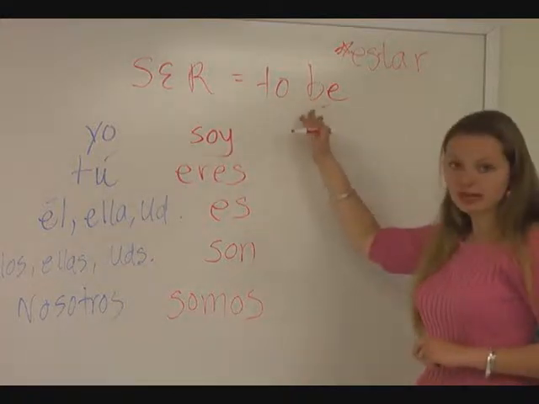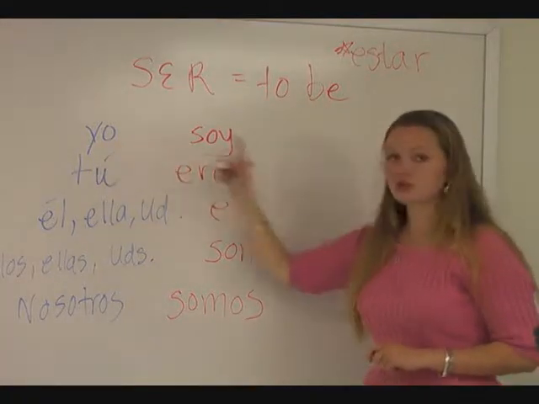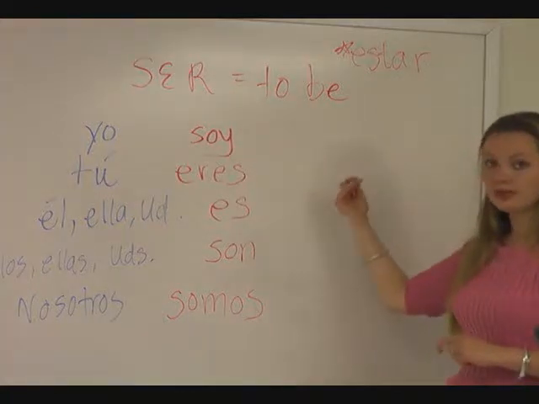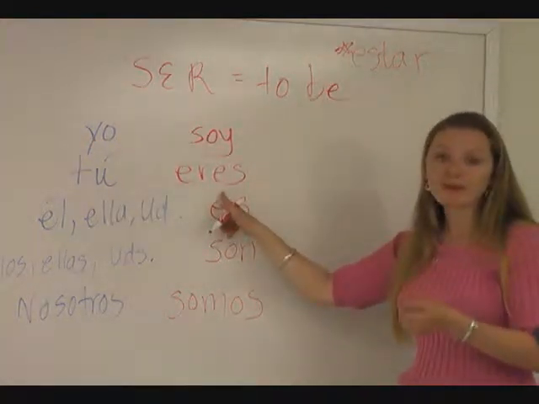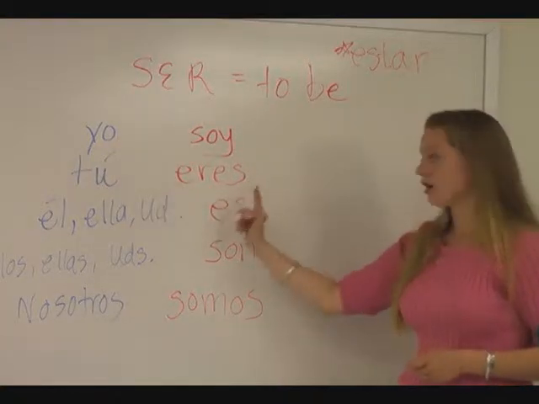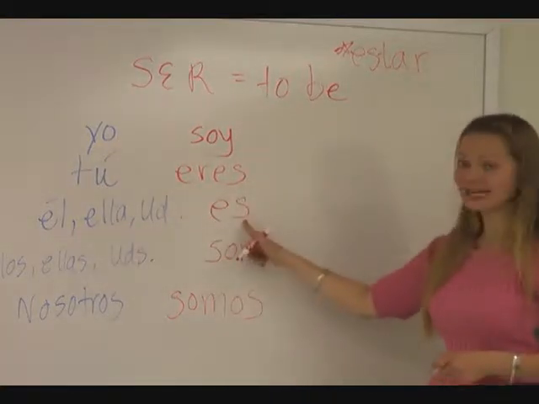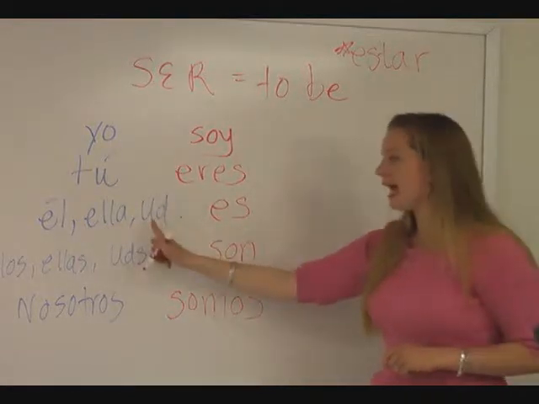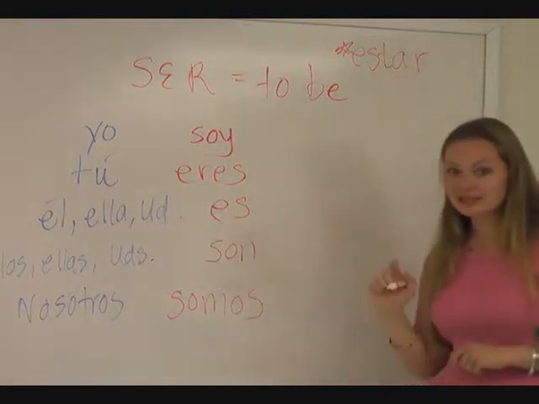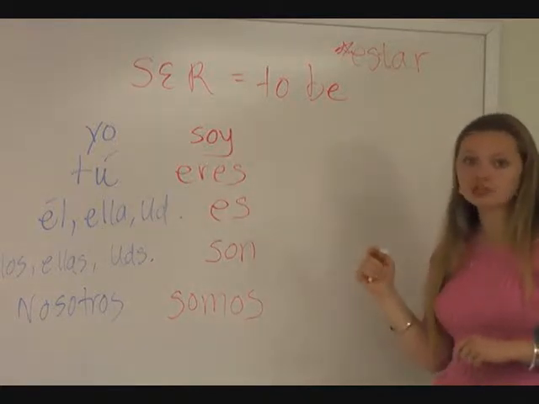Ser means to be. Therefore, yo soy translates to mean I am. Tú eres, en la forma familiar, you are. Él es, he is. Ella es, she is. And usted es is a little trickier because usted means you.